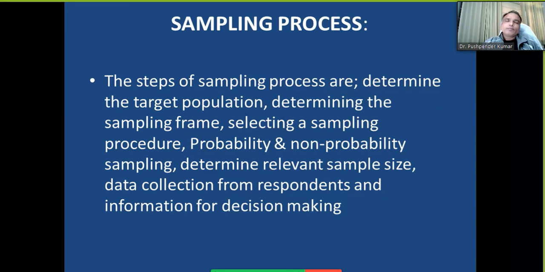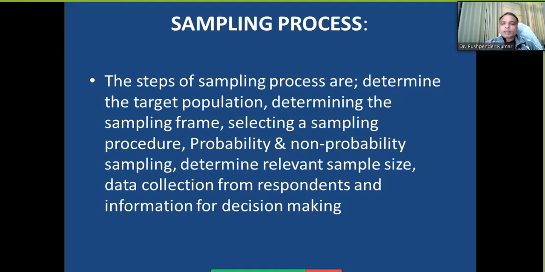Now let us move further to the sampling process. The steps of the sampling process are: determine the target population. Who is your target population? Determine the sampling frame. Now you understand sampling frame: number, roll number, bank account number. Select a sampling procedure. Which sampling procedure?